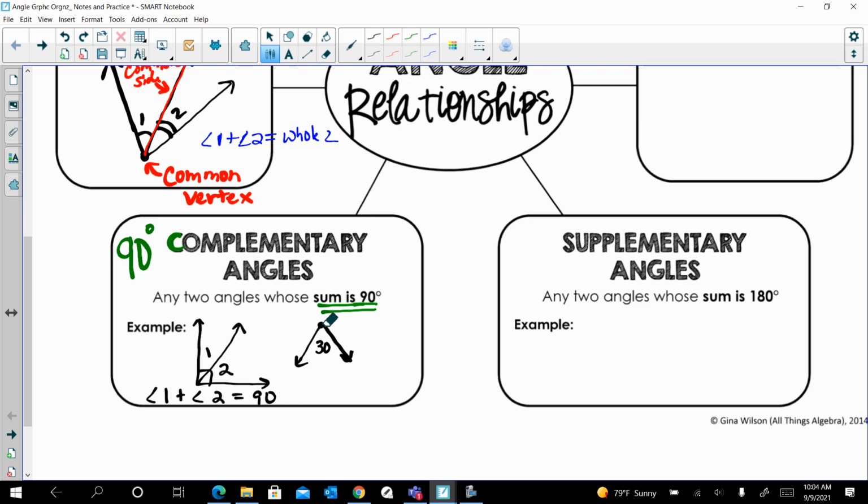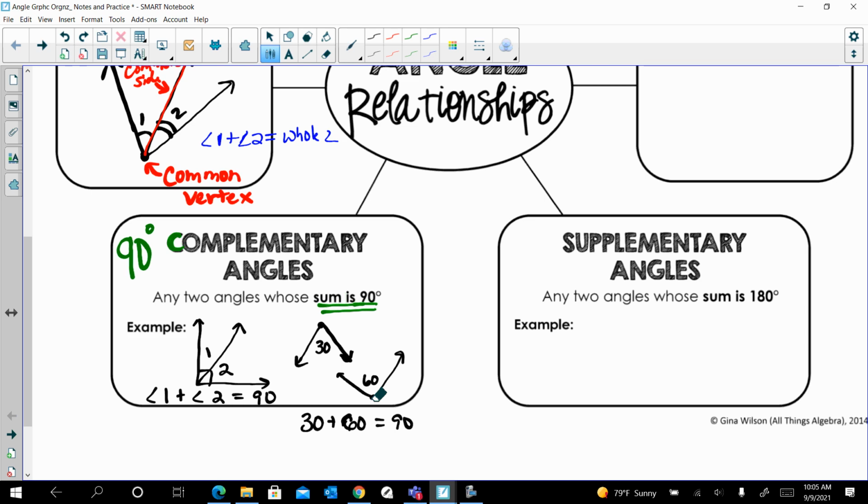How do we know it's 60? 30 plus 60 is 90. Yeah, it has to be 30 plus 60 equals 90. So my complement just needs to be an angle that has 60 degrees in the interior. It doesn't have to be to scale, it just has to have the complement measurement.